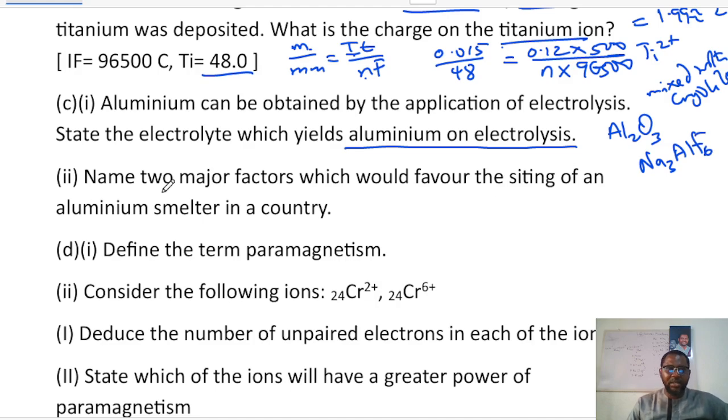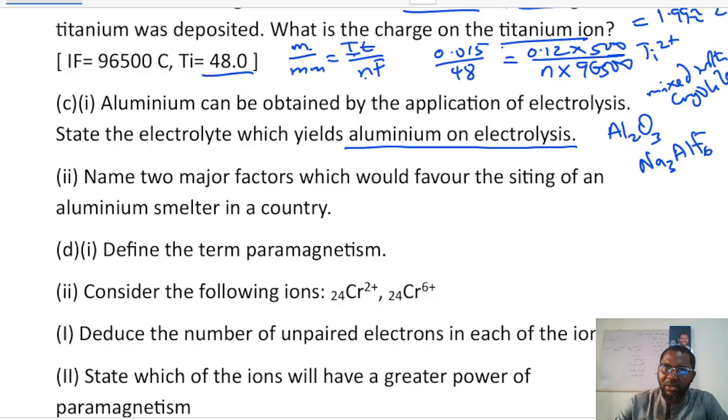The next one says name two major factors that would favor the siting of an aluminum smelter in a country. The two factors are, number one, a cheap source of electricity.